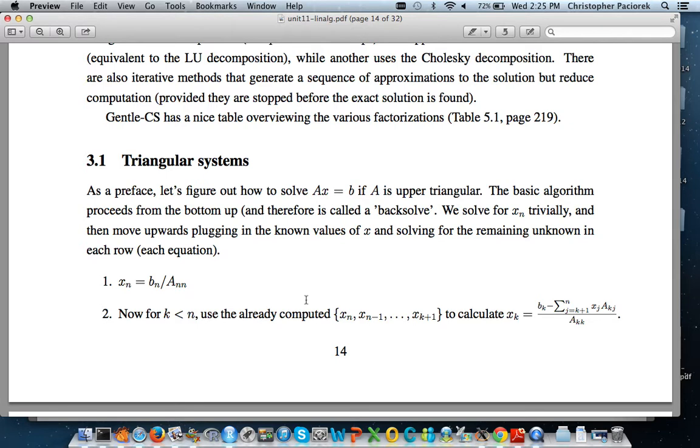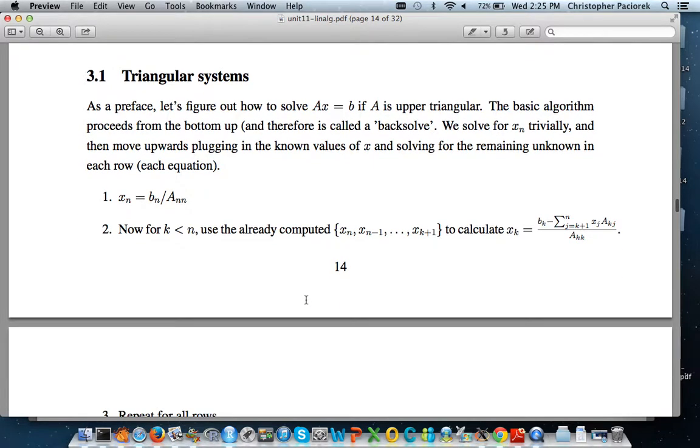Okay, so the next thing I wanted to do was to talk through solving a triangular system. For a lot of these different problems, the way we're going to be able to do things easily is to take a problem that looks hard, transform it into a problem that involves triangular matrices, and then dealing with the triangular matrices is going to be straightforward.